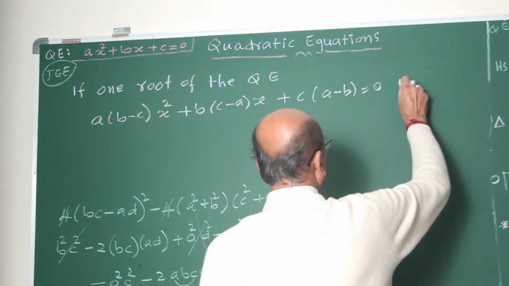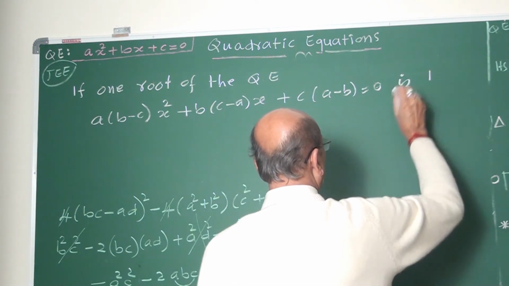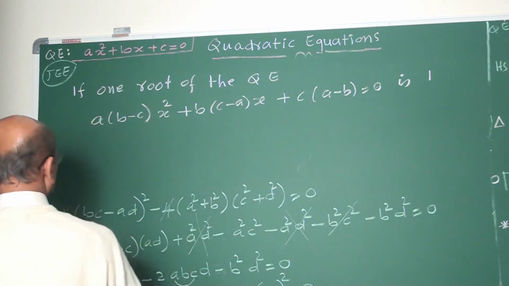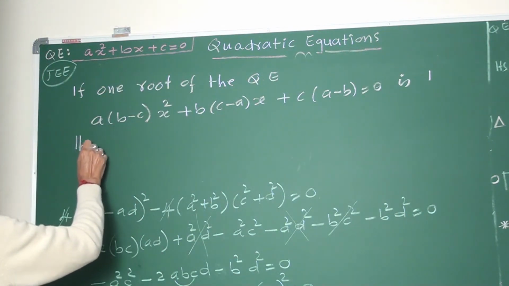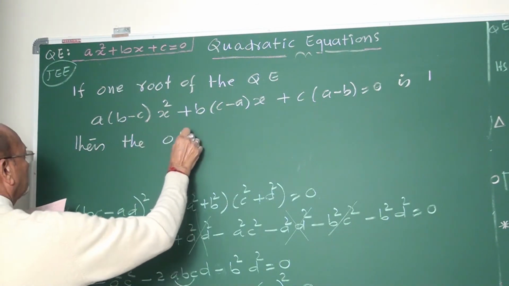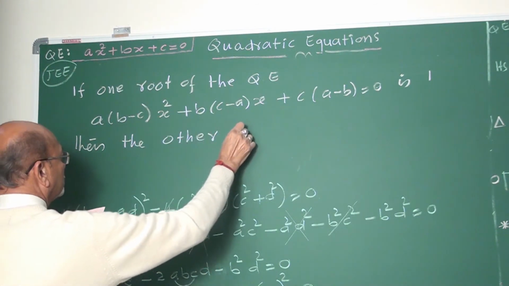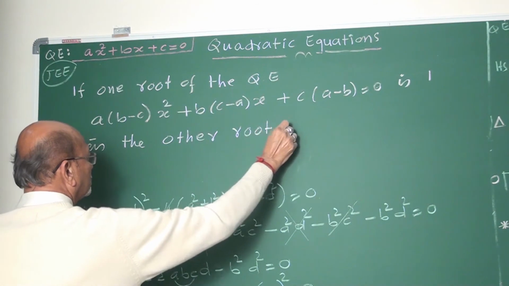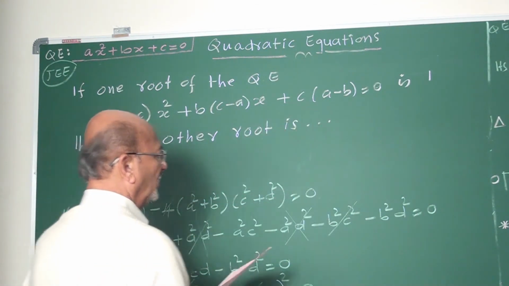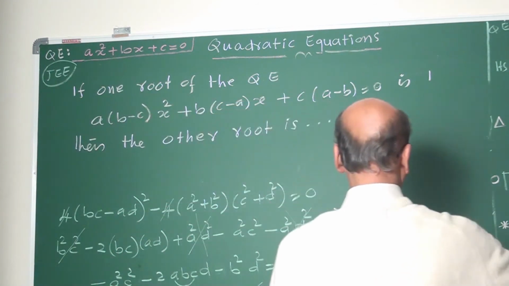One root is 1, my friend. Then the other root is dash.